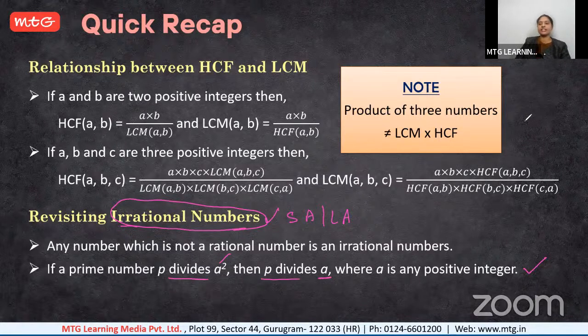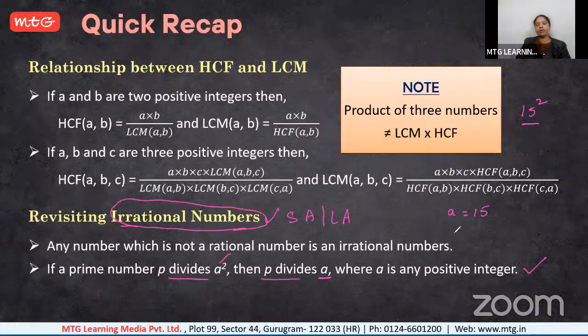For example, let me take 15 square. 15 is my number A. I have the number 15, and now I'm squaring it, which becomes 15 square. Now I'm choosing a prime number, let my prime number be 3.